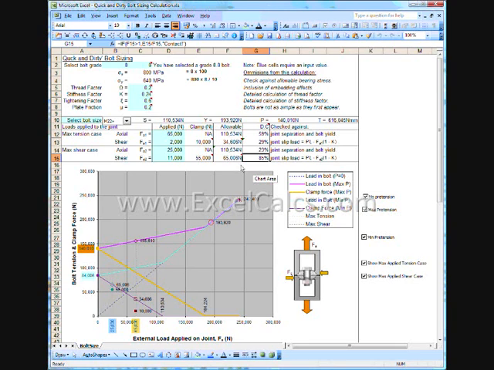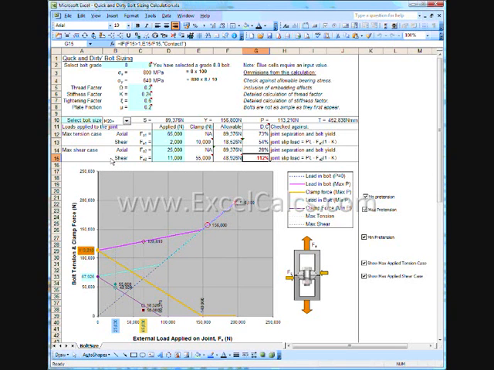So let's generate a few problems. Let's go to the next size of bolt down. Let's choose an M20 this time. Okay. Now we've got the same applied loads, and one thing we can see here is this has now gone red, and it's telling us that we have a problem because we can't carry the shear force.